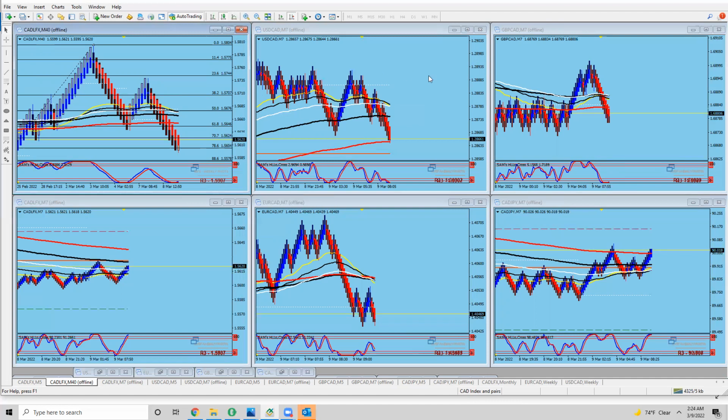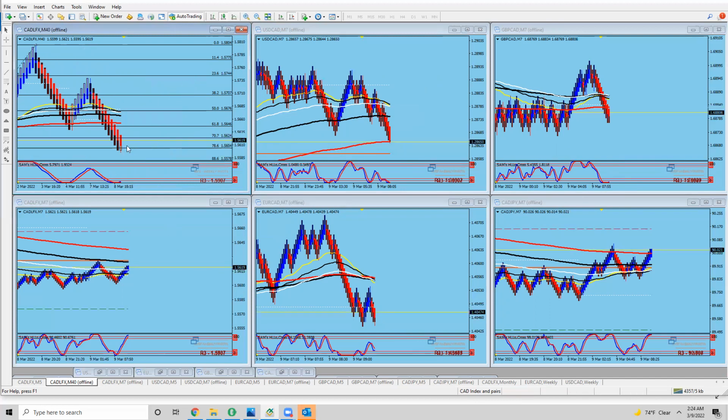So I'm going to go and finish that, but I just wanted to give you some opportunities here. If you prepare yourself like this and be ready, you're going to get some beautiful trades out of these CAD pairs if this starts bouncing, and I'm 99.9% sure that it's going to bounce.